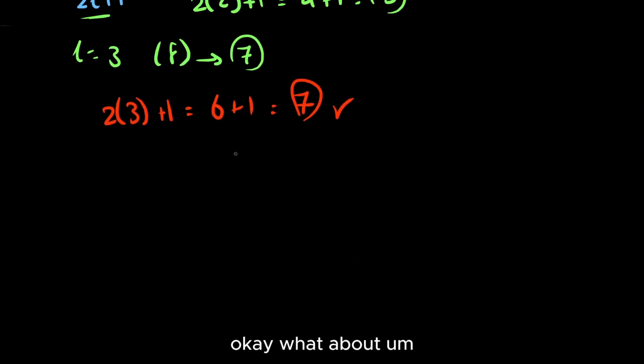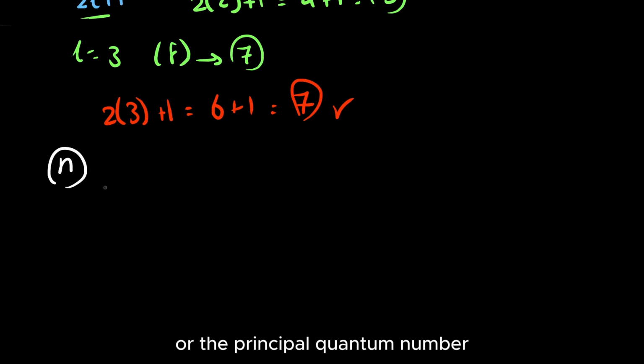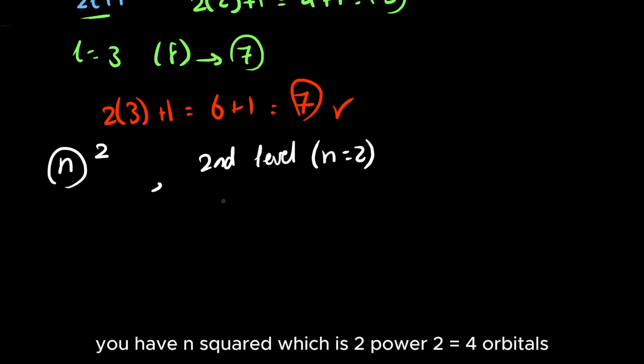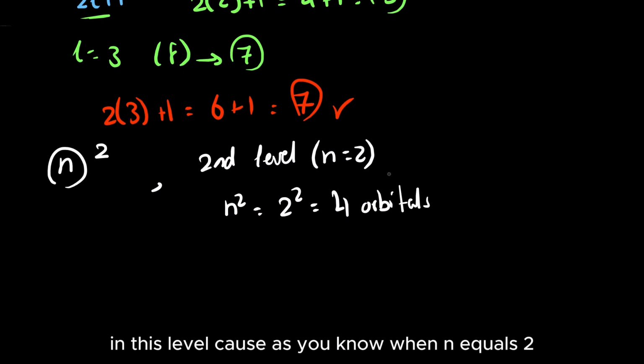Okay, what about getting the number of orbitals from the n, or the principal quantum number? You can just square it. Let's say in the second energy level, or n equals 2, you have n squared, which is 2 power 2, equals 4 orbitals in this level.